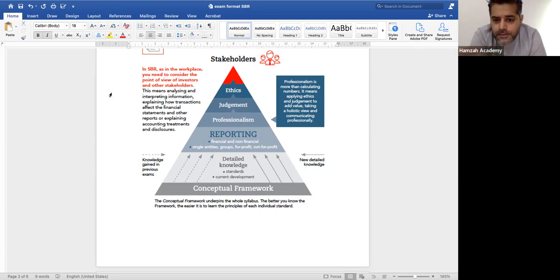And professionalism is more than calculating the number. It means applying the ethics and judgments, adding value, taking a holistic view and communicating professionally. So this is the professional aspect of the paper, where you have to talk about how to answer your question which has been given to you.